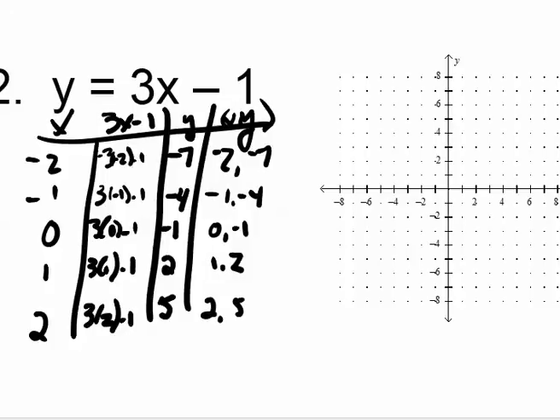Now to plot our points: -2, -7; -1, -4; 0, -1; 1, 2; 2, 5. Connect our points. We have a straight line.